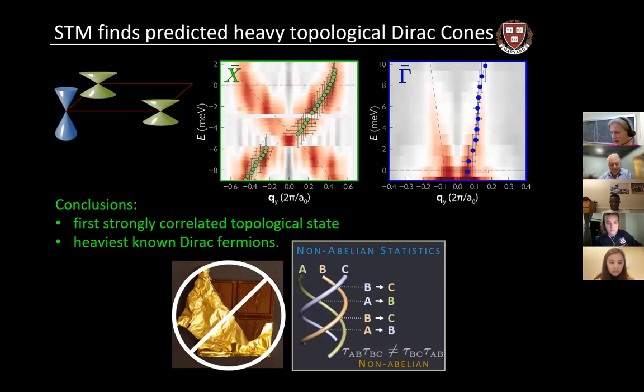So when you pair a topological material with a superconductor, in a typical superconductor, electrons are paired spin up, spin down. In a topological superconductor, the electrons are paired in a way that they have only a single spin.